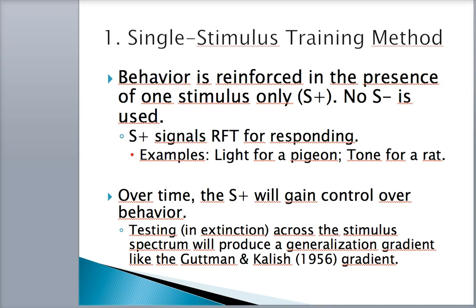With rats, we would present many different tones, high tones, low tones, and see how they respond to them. And what we find is that over time, the S+ gains control over behavior, but other stimuli also begin to control behaviors. It produces a generalization gradient like the one that we saw in the last lecture by Guttman and Kalish.